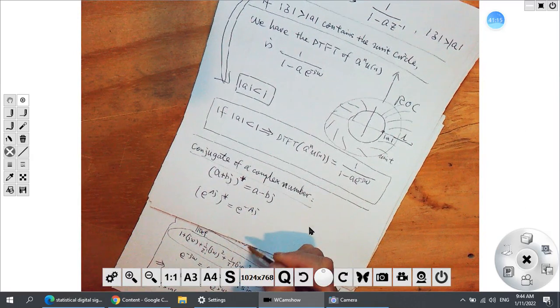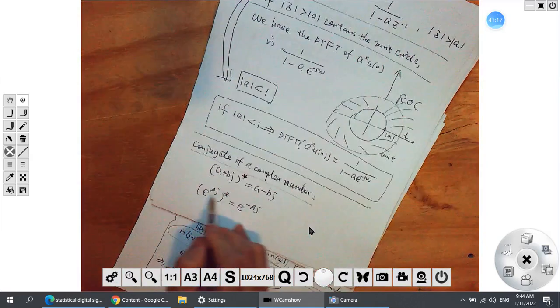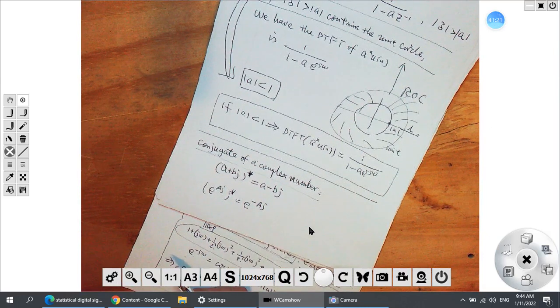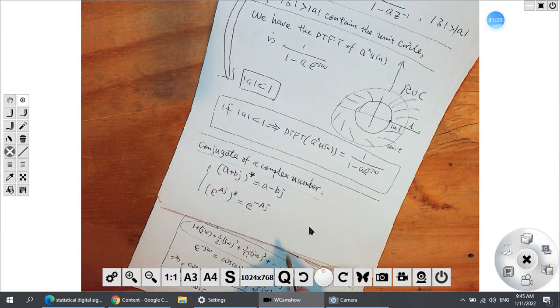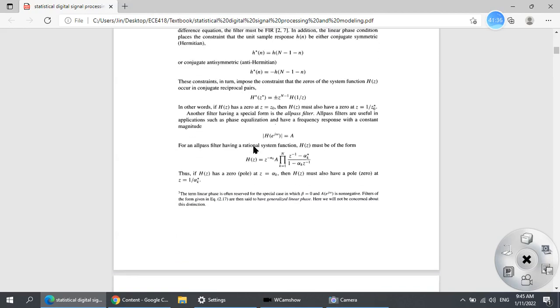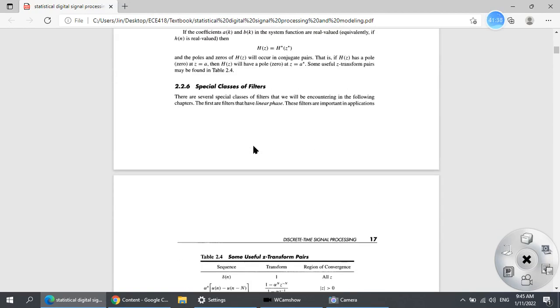No matter what kind of complex number, you just change the sign before j and you get the conjugate. All right, that is the conjugate of a complex number. In the textbook, you can find some notation for the conjugate.